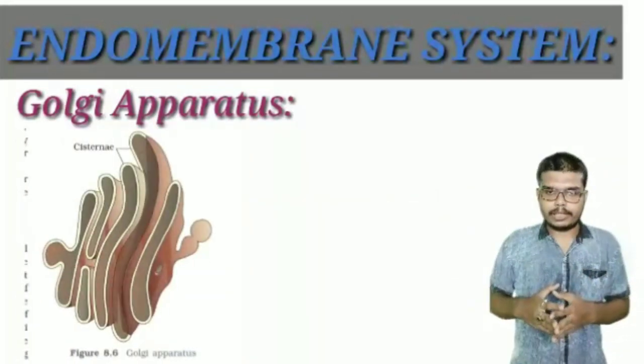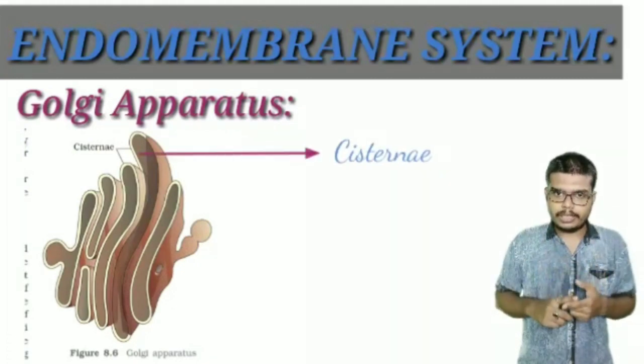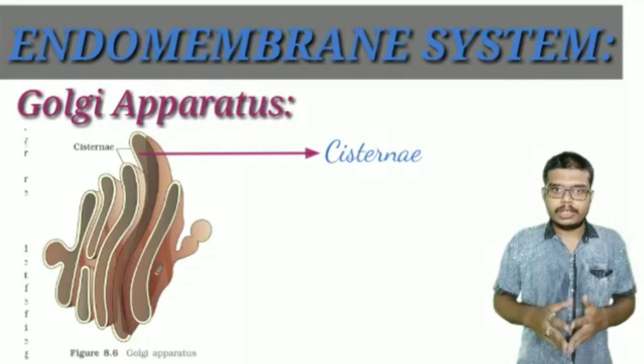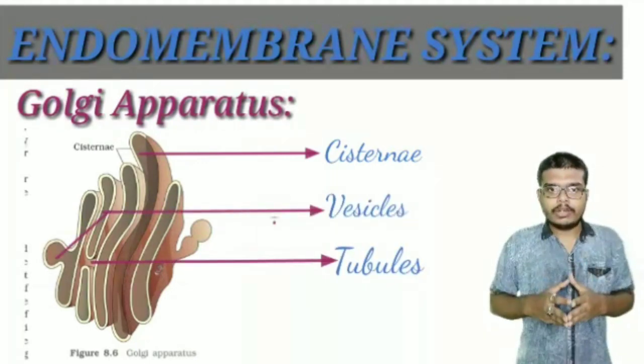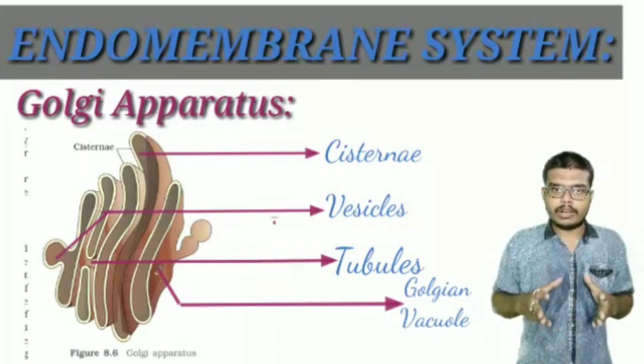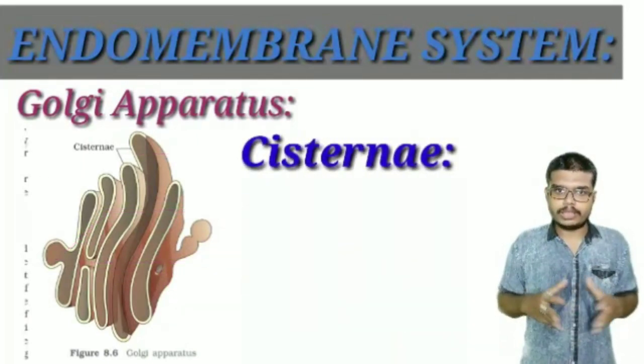This Golgi apparatus has four parts: the first is cisternae, second is tubules, third is vesicles, and fourth is Golgian vacuoles. At first I will discuss the cisternae.